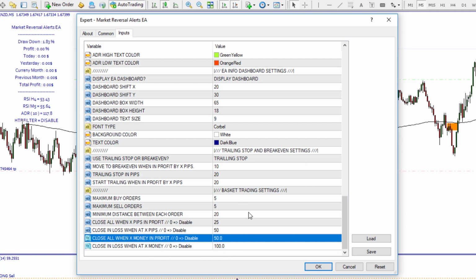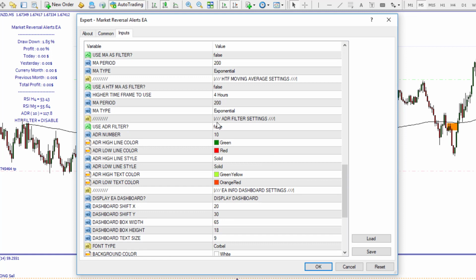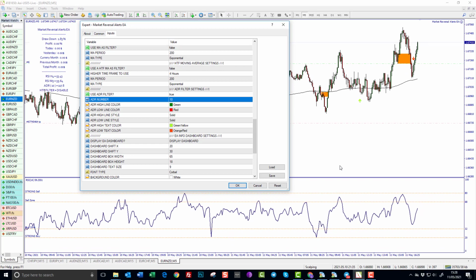One thing to be aware of with the basket settings, if we just reset this, if you were to, for example, use the ADR filter and set this to true, the condition here would be that price has to move a certain distance and hit the ADR level for that day, the average daily range for that day, and then it would take its first entry.